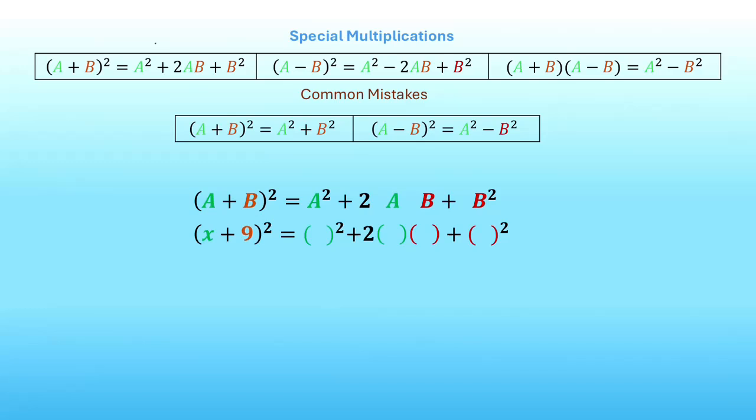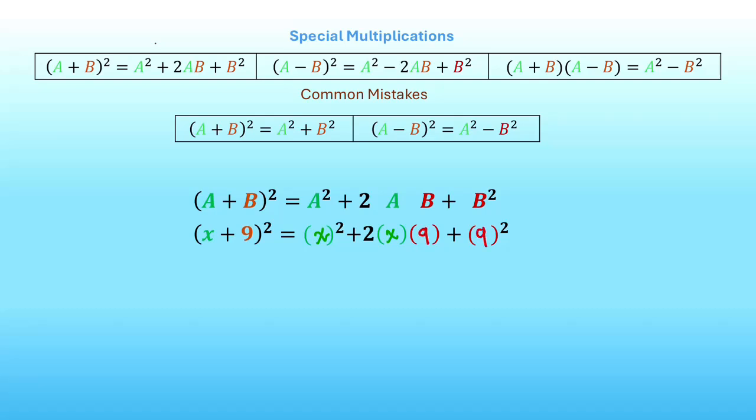So for this formula, to square x plus 9, we are going to basically replace a with x. That means we're going to put x into green parentheses, and we're going to put 9 into red parentheses.